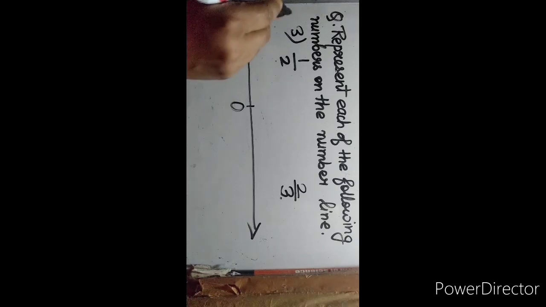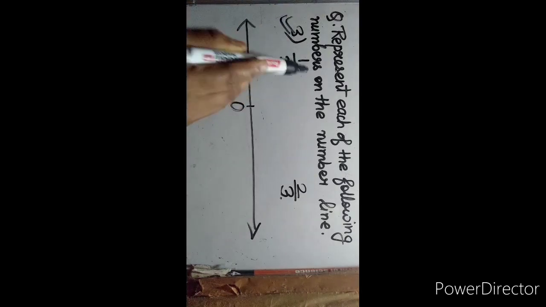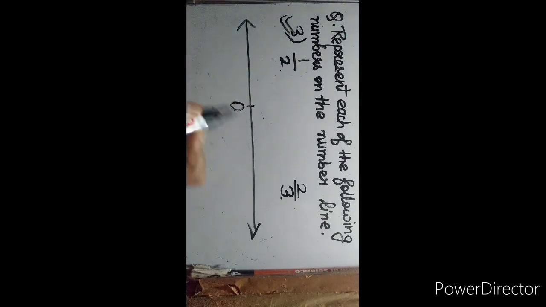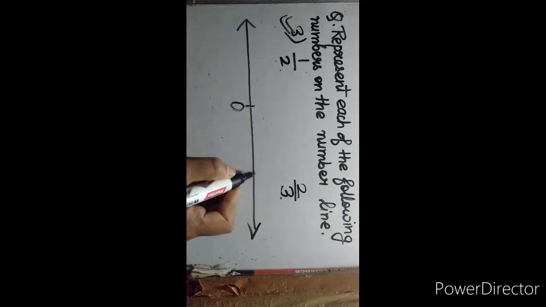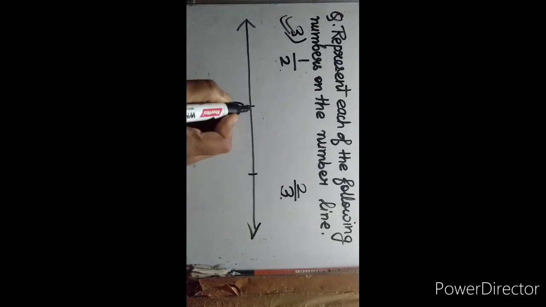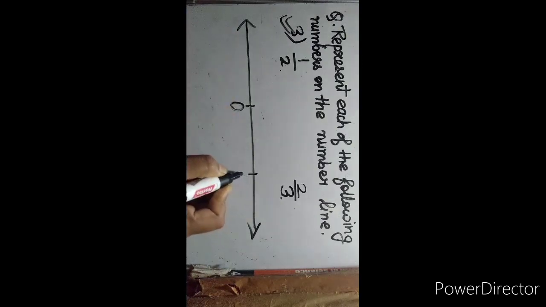Our third number is 1 by 2. So how to represent 1 by 2? After plotting 0, we have to mark another point and write down 1.